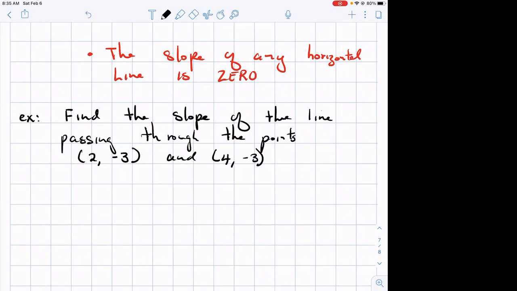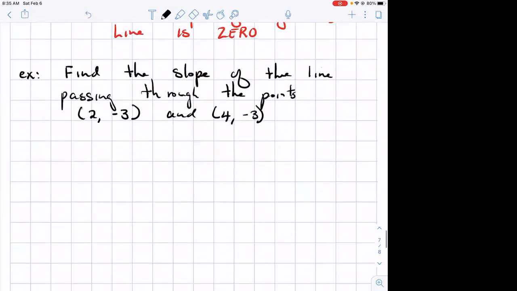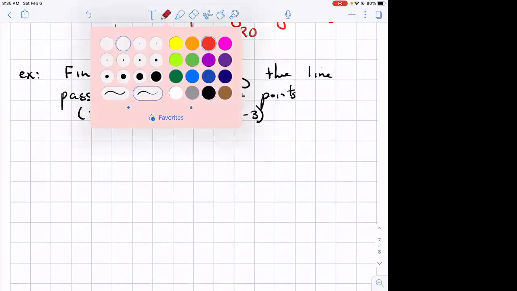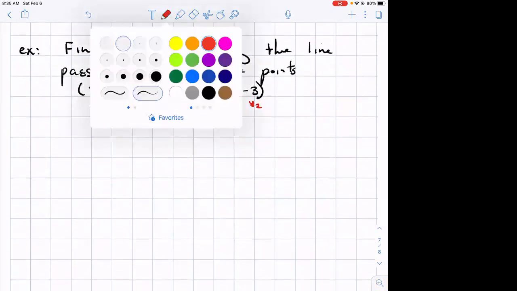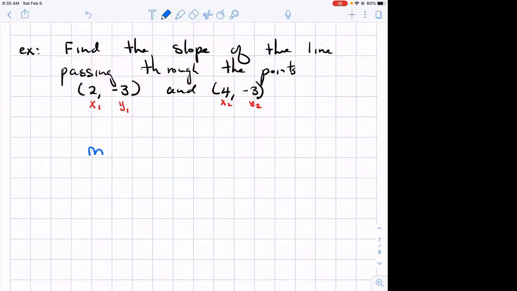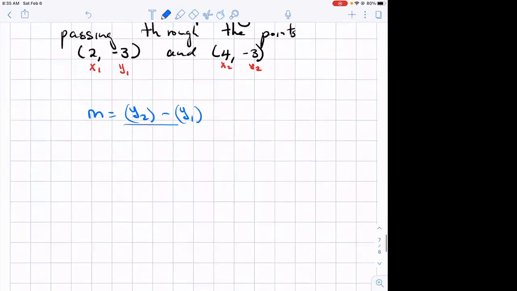Okay. So we will use the formula since we have the slope here. So let's call this x1, y1, x2, y2. And we'll use our formula. m is equal to y2 minus y1 divided by x2 minus x1.